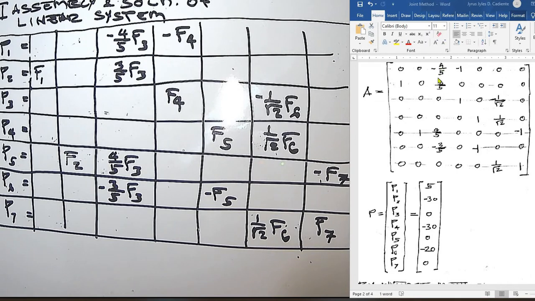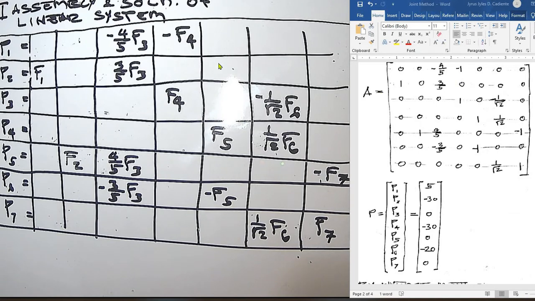Ito yon. Followed by dalawang 0, which is this. Followed by 4/5 and negative 3/5. Ayan. Followed by 0. And then, for the fourth column, or pertaining to F4, we have negative 1, 0, and 1. Ayan, negative 1, 0, 1.